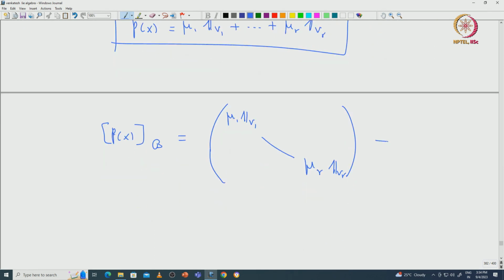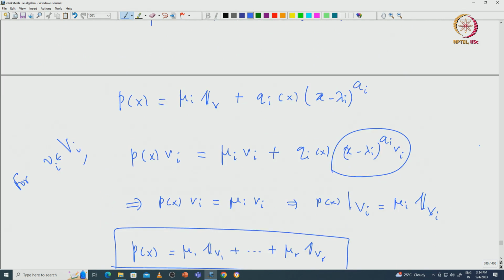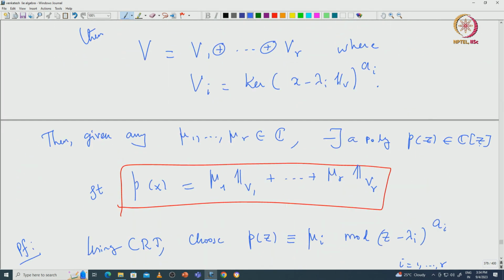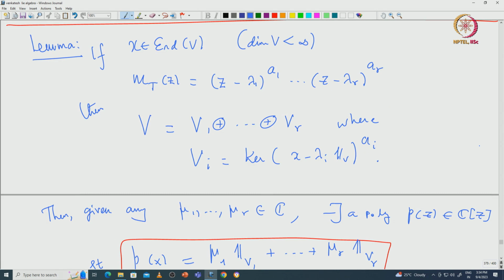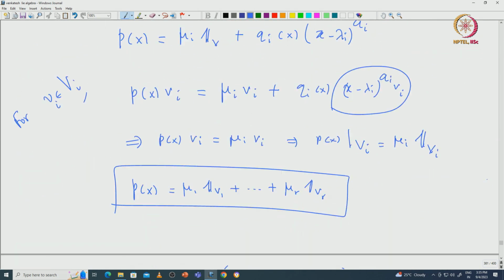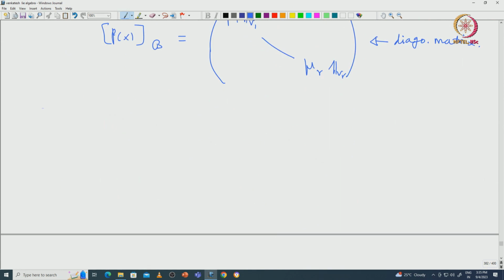So this is how the matrix will look, a diagonal matrix. One can do this with any μ_i's. In practice, we take the complex conjugates of the λ_i's and apply it for that. So here is the immediate corollary.